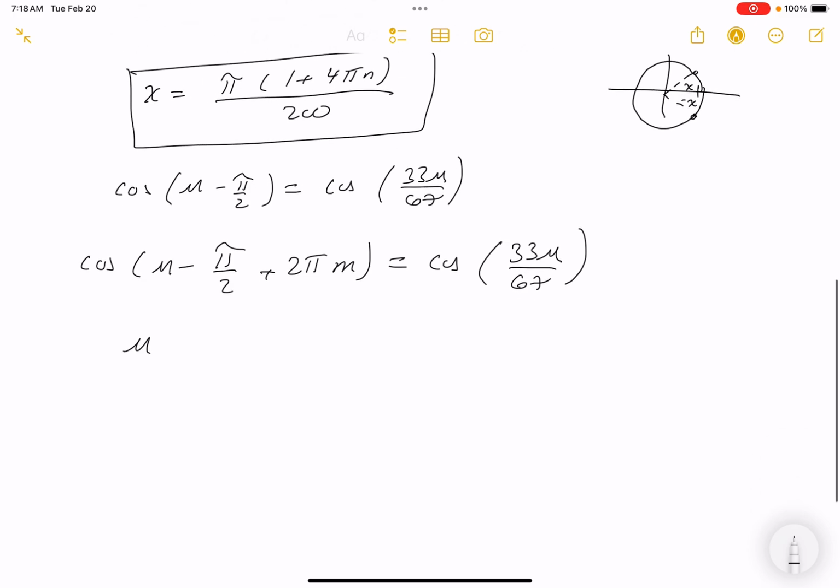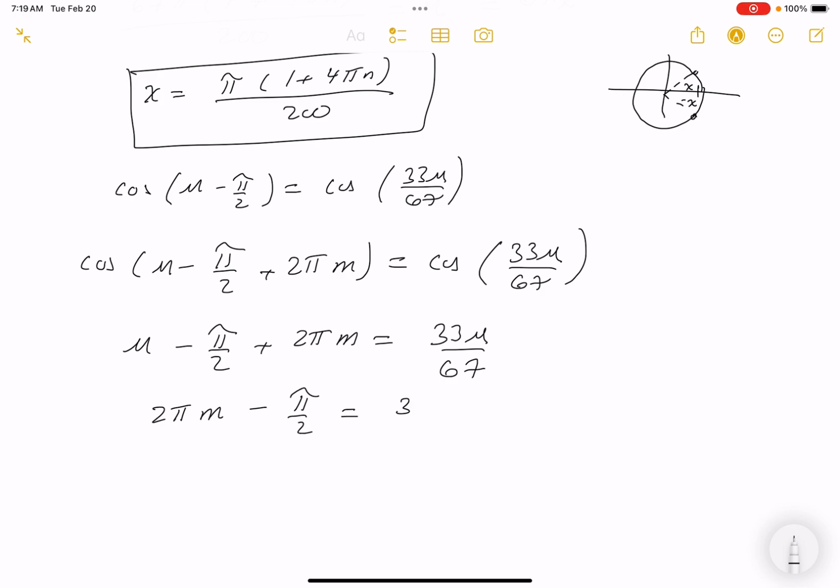Let's write this down. u minus pi over 2 plus 2 pi m is equal to 33u over 67. I'm going to do this one a little differently. And I'm going to write down 2 pi m minus pi over 2 equals 33 over 67u. And then I'm going to take away u from both sides. And that would be 67 over 67u.